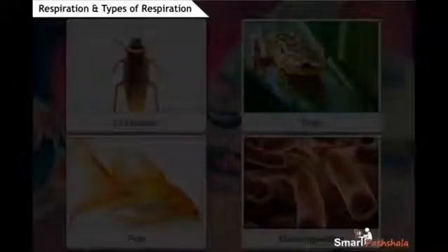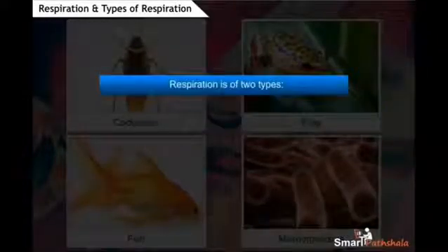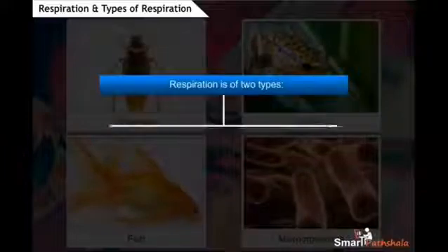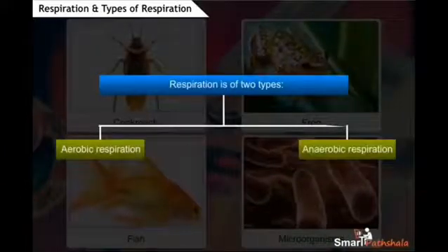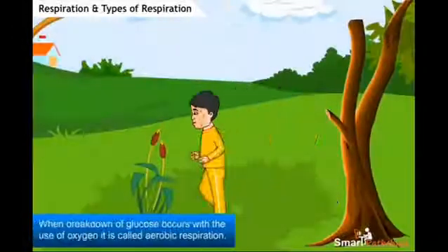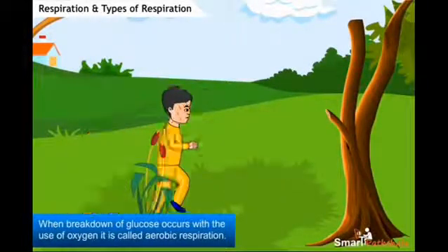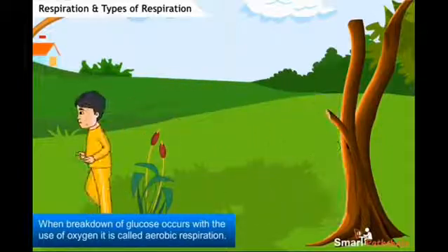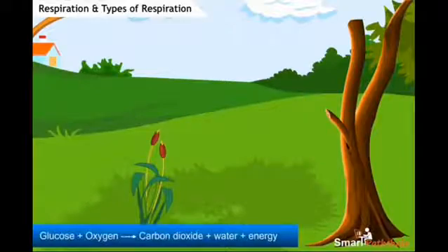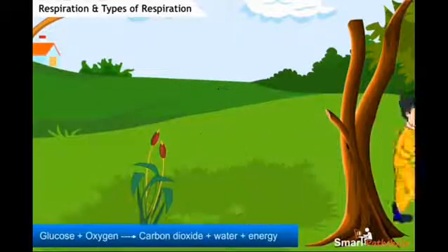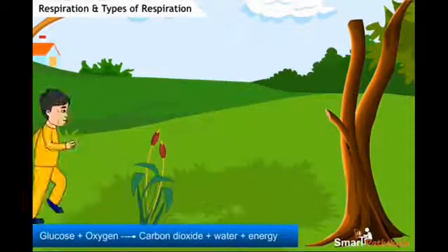Based on the oxygen requirement, respiration is of two types, namely aerobic respiration and anaerobic respiration. When the breakdown of glucose occurs with the use of oxygen, it is called aerobic respiration. In aerobic respiration, glucose is broken down into carbon dioxide and water.